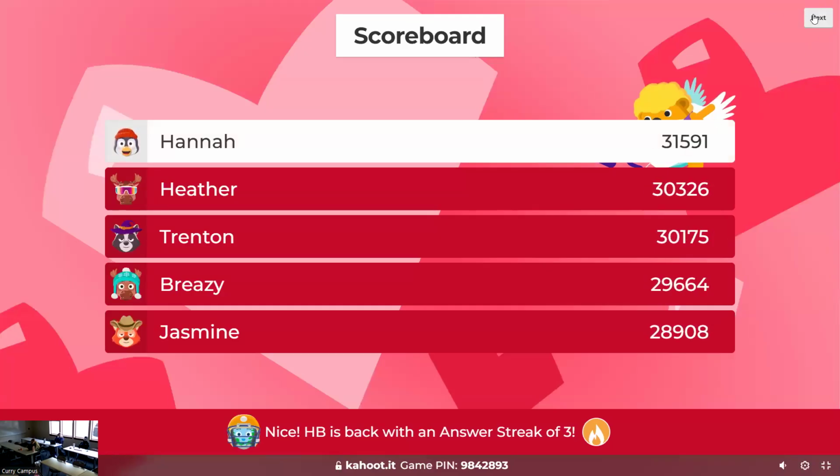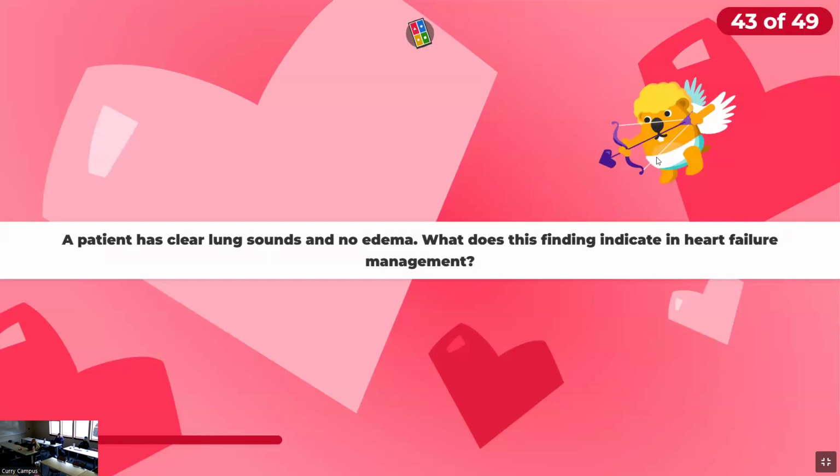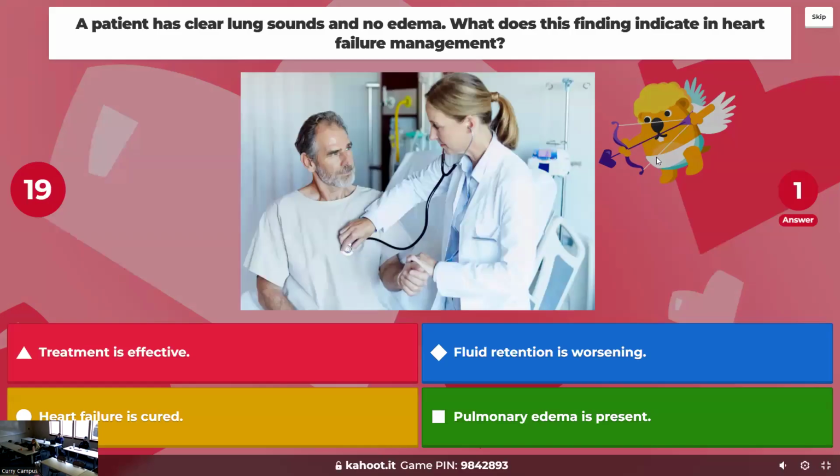And we'll see if Heather can pull up to the lead after this one. A patient has clear lungs and no edema. What does this finding indicate in heart failure management? The green is pulmonary edema is present. Yellow is heart failure is cured.